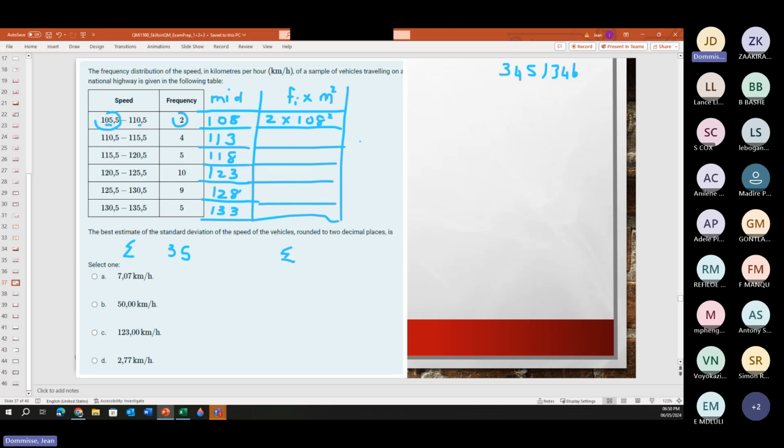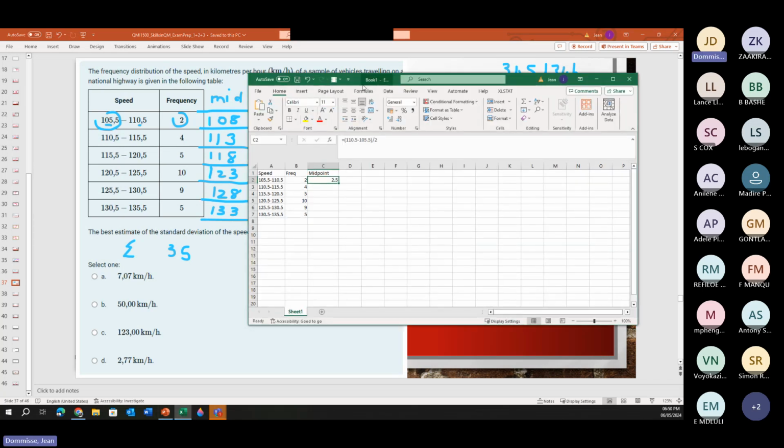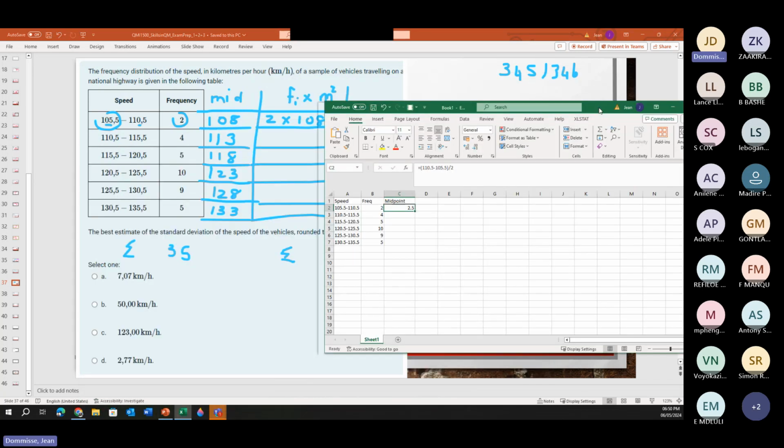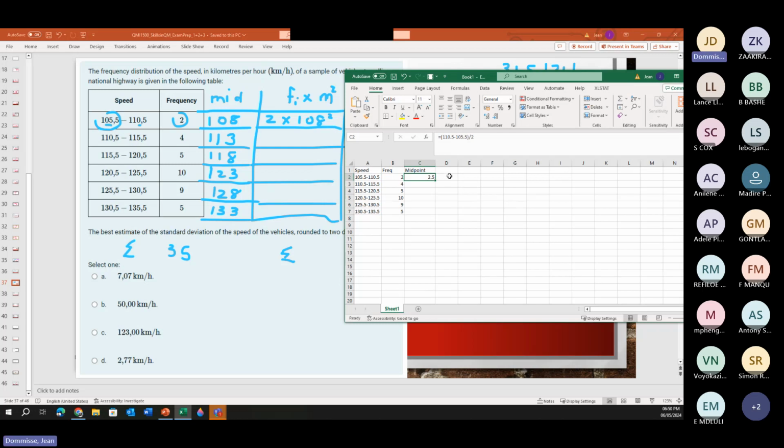So now it does become bigger numbers. So that's why I just want to move that component over to Excel, so that I can do that calculation much easier.